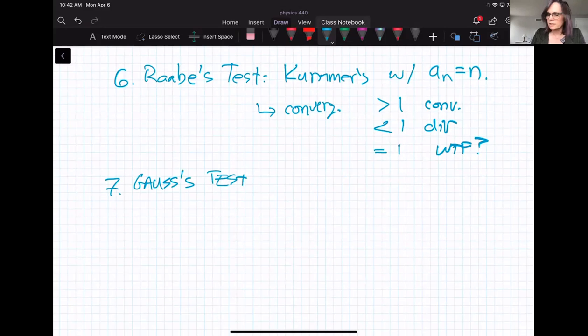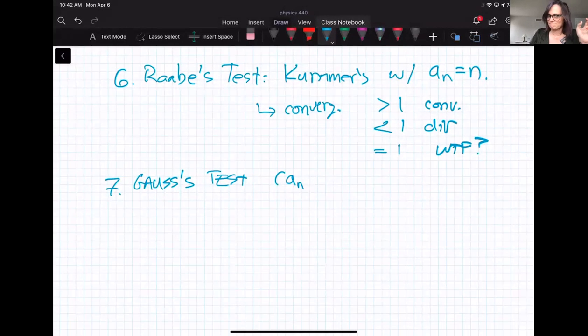And here, again, we're basically taking something like Kummer's test or Raabe's test, but we're assuming that the constant sequence on the series is n log n.